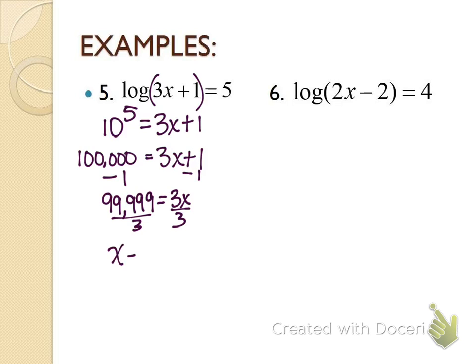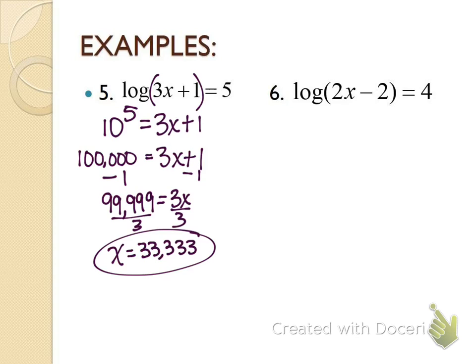So x equals 33,333. All those 9s can just get divided by 3. Done. Questions, concerns? Are we sure?